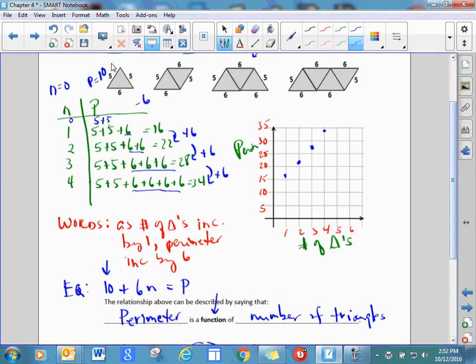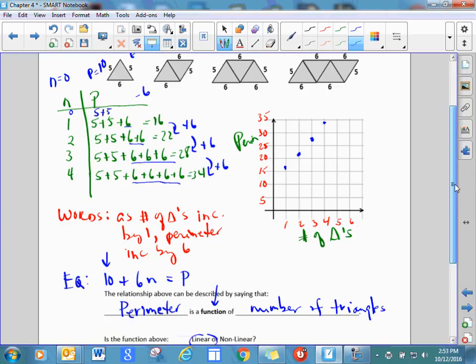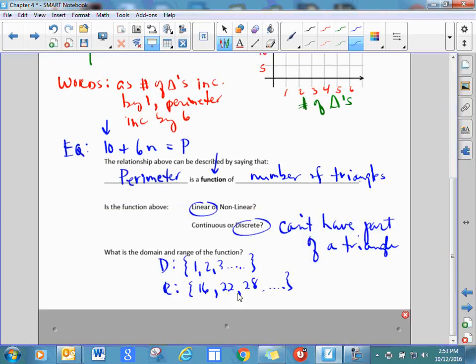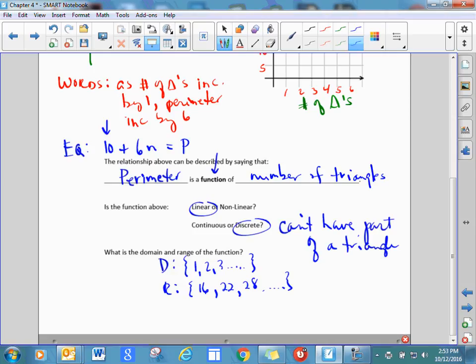This first triangle right here, the perimeter is 16. So it goes up each time based on our +6 pattern. So our domain goes to infinity as well, and it goes up 6 each time, 16, 22, 28, and so forth. Again, it's discrete. So our domain and our range are going to be individual points.